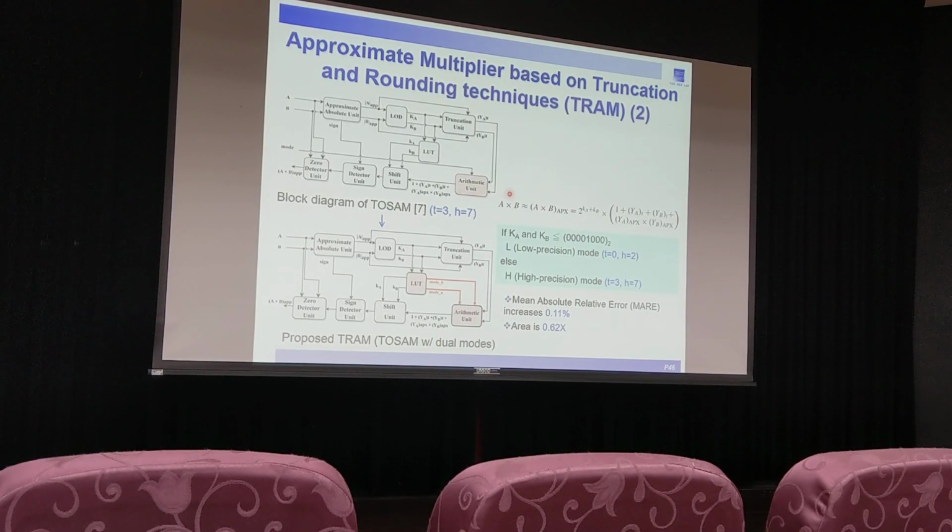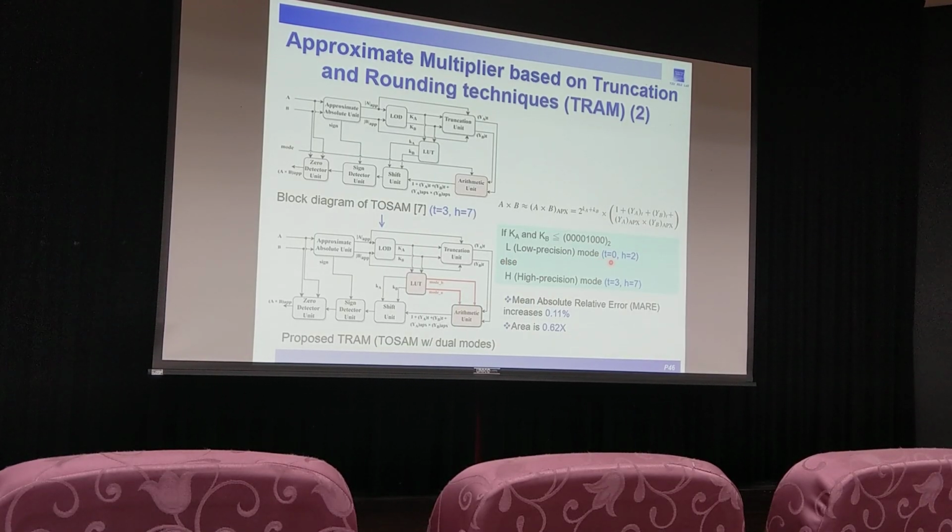I also put the equation here again. Our idea is, in this equation, if Ka and Kb are small, it means that A and B are small in this case, right? So in this case, we can transfer to a low precision mode, because it will not influence the real result much, but it will reduce the precision.